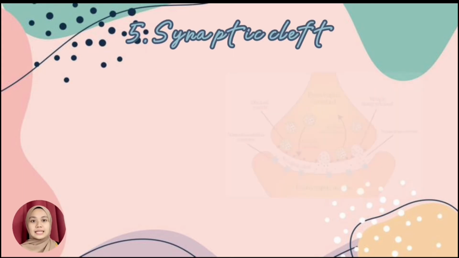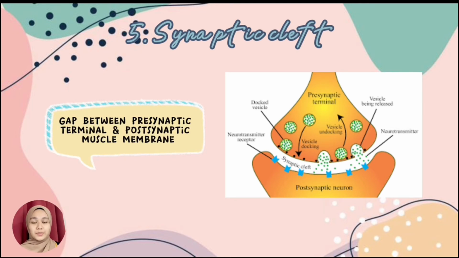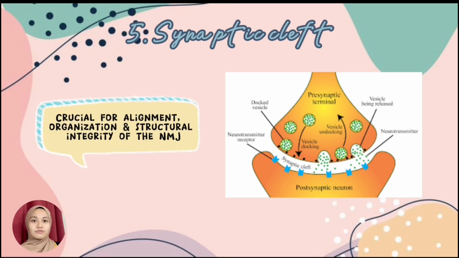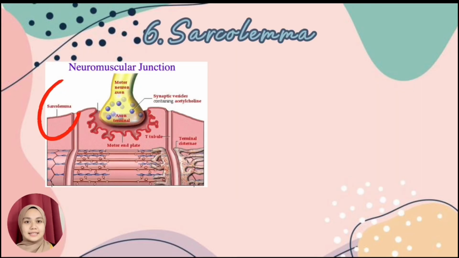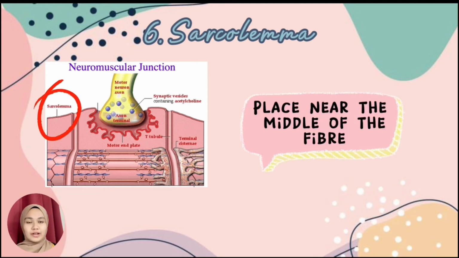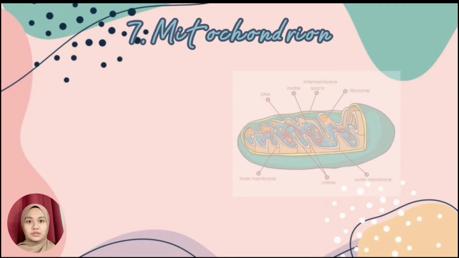Number 5 is synaptic cleft. It's actually the gap between the presynaptic terminal and the postsynaptic muscle membrane. It's crucial for the alignment, organization, and structural integrity of the neuromuscular junction. Next, we have sarcolemma. As we can see in this picture, the sarcolemma is placed near the middle of the fiber and its function is to propagate action potential and it is involved in excitation contraction coupling. Number 7, we have mitochondria.